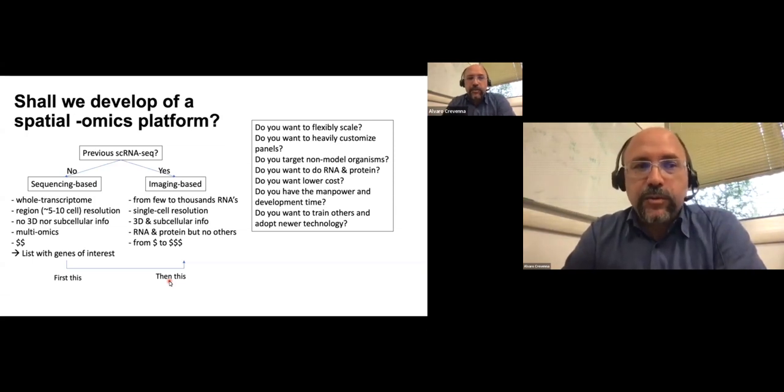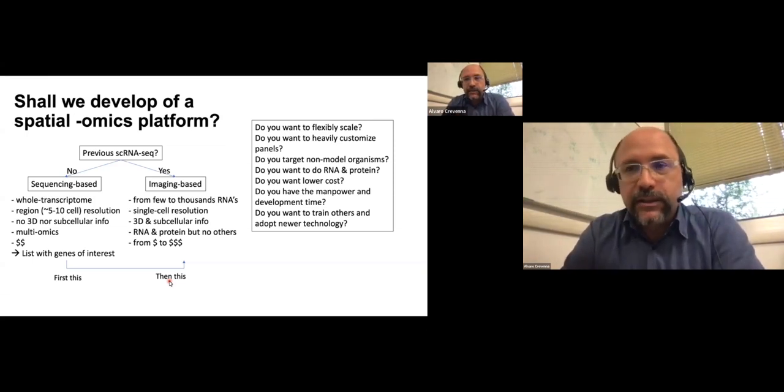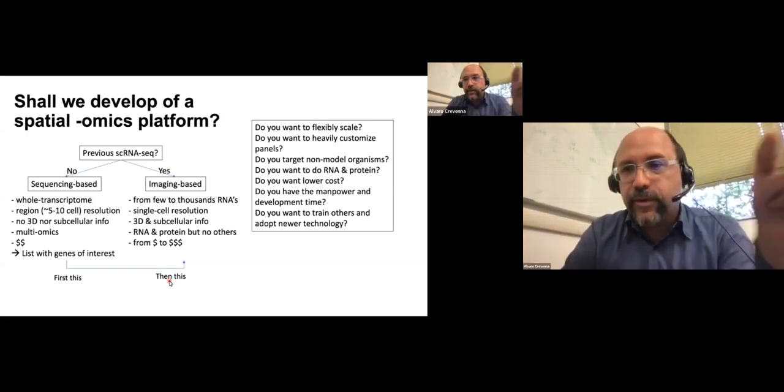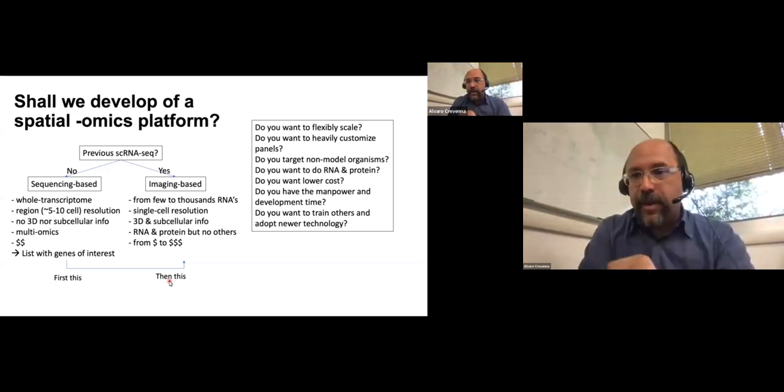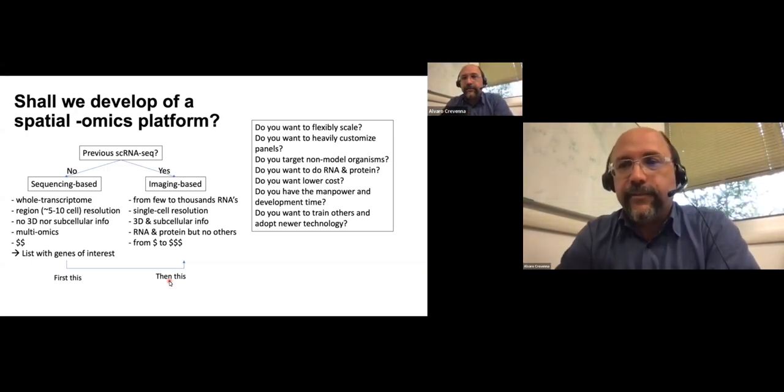Not every experiment will require your 500 gene panel. For particular projects you may only want 20 or 30 or 50, and for other projects you'd want to profile more. If you want that approach, then you would need to build it, if you want to customize your panel. And there are some techniques that are very well established for certain panels.